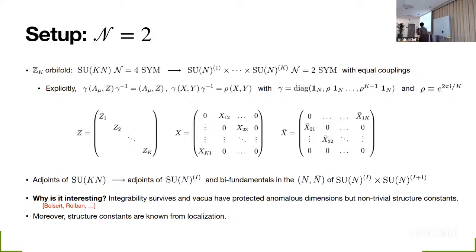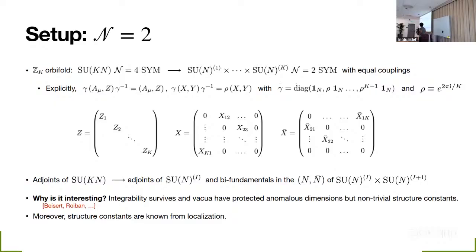What survives of the N=4 field content are some adjoint scalars. So these are adjoint scalars of each SU(N), and you have also some bifundamental scalars, in the fundamental of one SU(N) and in the fundamental of the adjacent one, and so on.